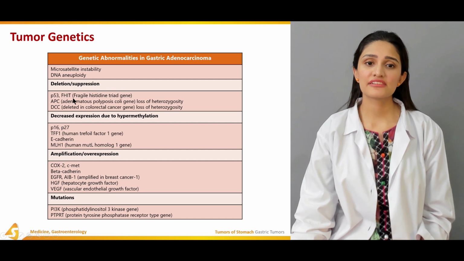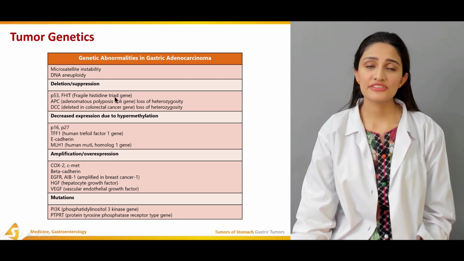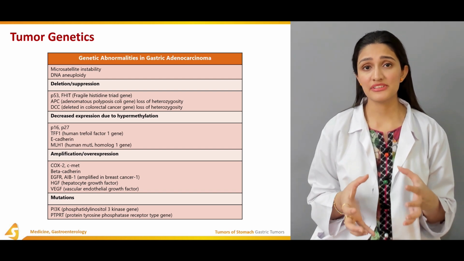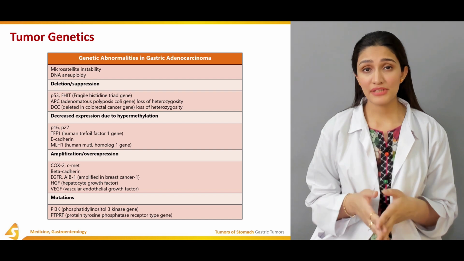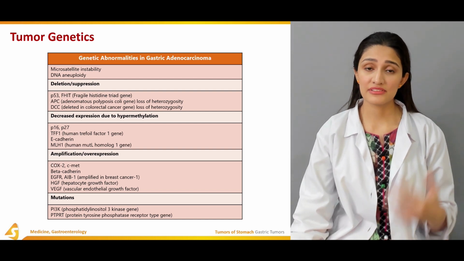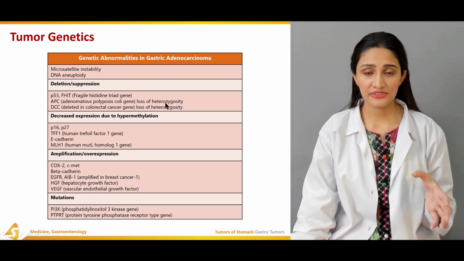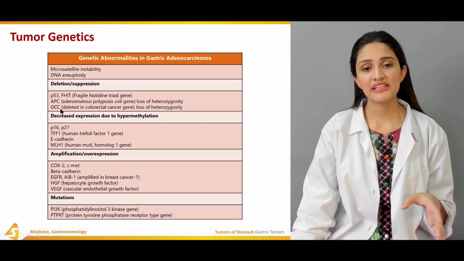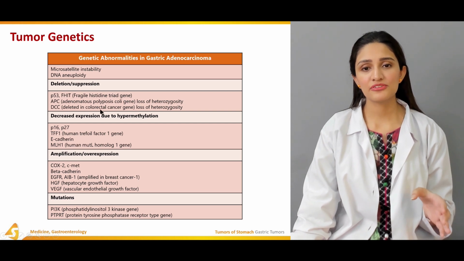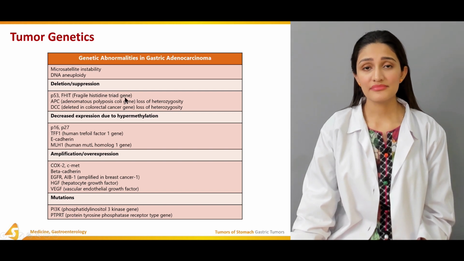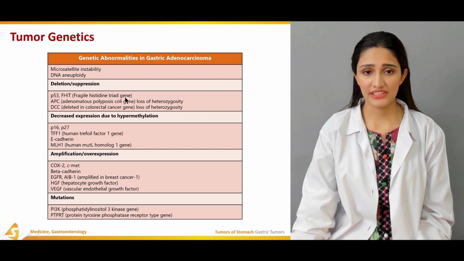And then another gene, such as the fragile histidine triad gene, can also cause some mutations to occur, and the suppression of this gene causes gastric cancer development. Other than that, there is the APC gene, which is the adenomatous polyposis coli gene, and the loss of heterozygosity. And then the third being the DCC, which is the deleted in colorectal cancer gene. So deletion and suppression of all these genes has a role in the development of gastric cancer.